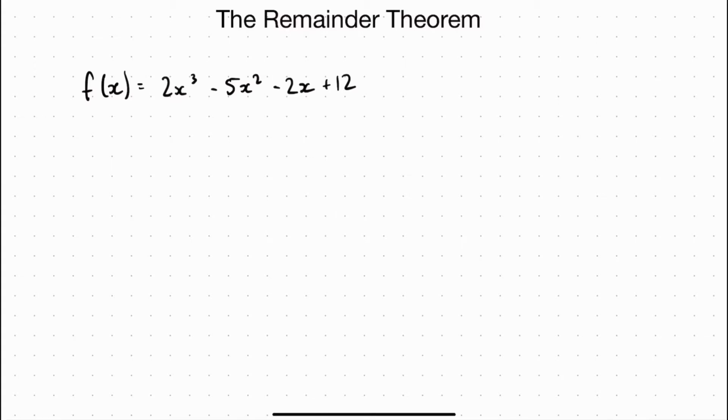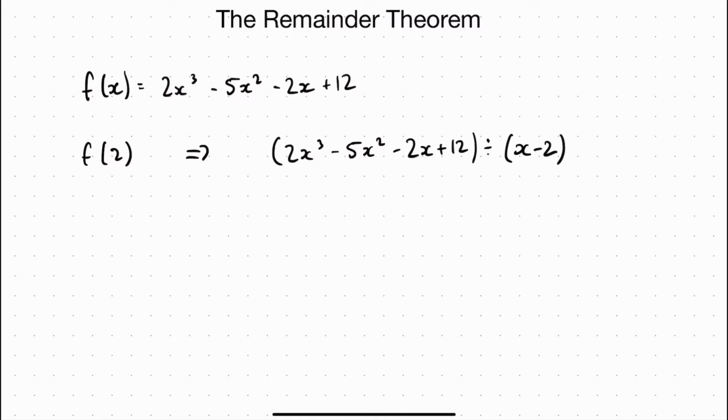And to give you an example, if I substitute x being equal to 2 into this, then it should give me the exact same value as if I was to divide 2x cubed minus 5x squared minus 2x plus 12 by x minus 2. So the remainder that's produced here will be equal to the same value as if I substitute 2 into this.